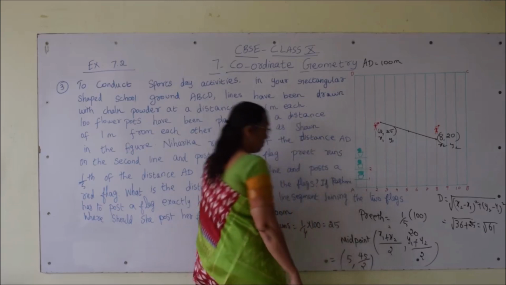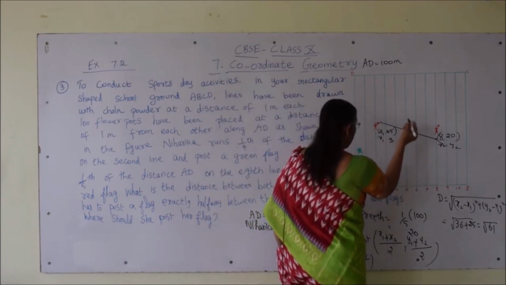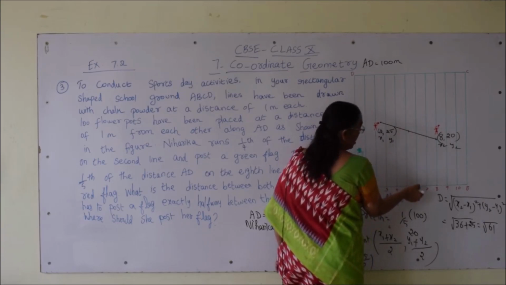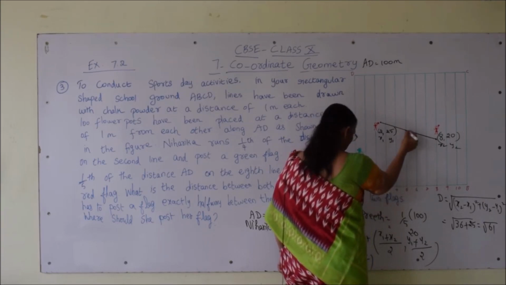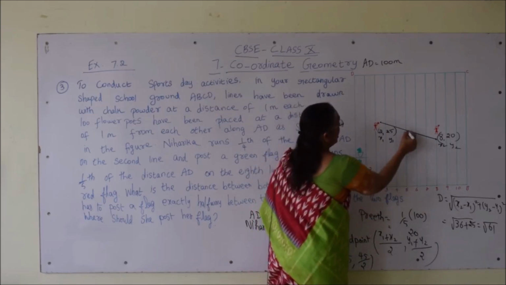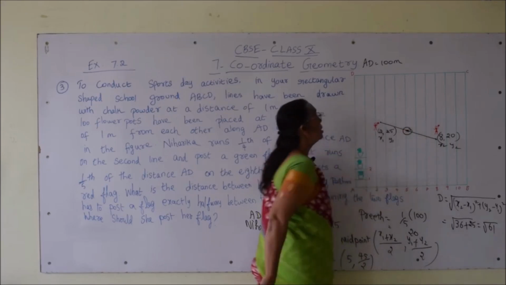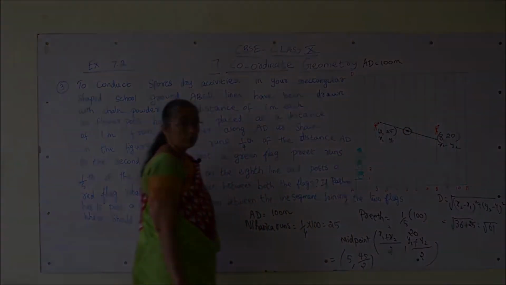So, Reshmi will post her flag on the 5th line and 45 by 2, which is approximately 22.5. So, it will be maybe here, on the 5th line. This is the place where Reshmi will post her flag.